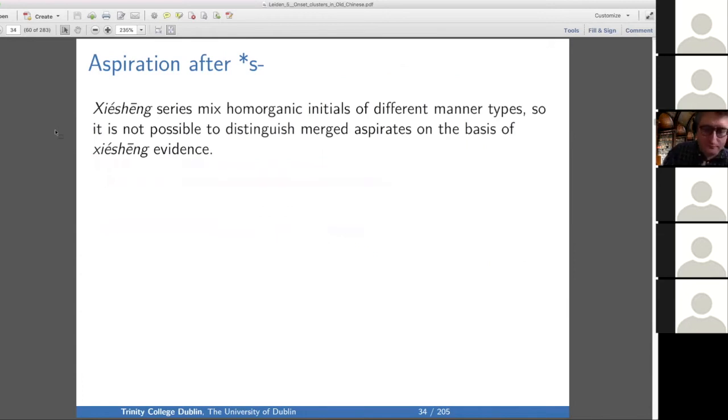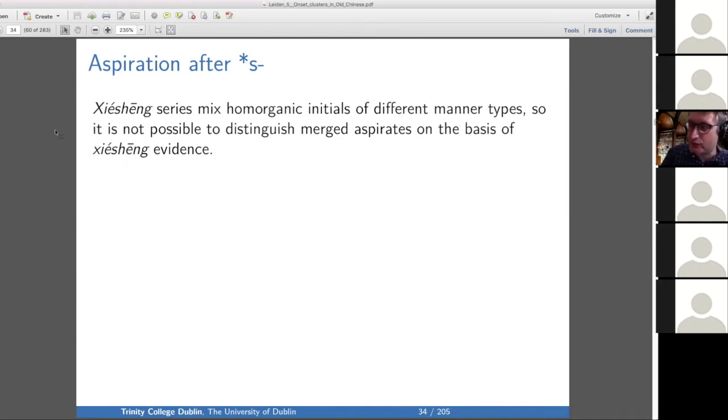Now, aspiration after initial S: Shesheng series mix homorganic initials of different manner types, so it is not possible to distinguish aspirates on that basis.